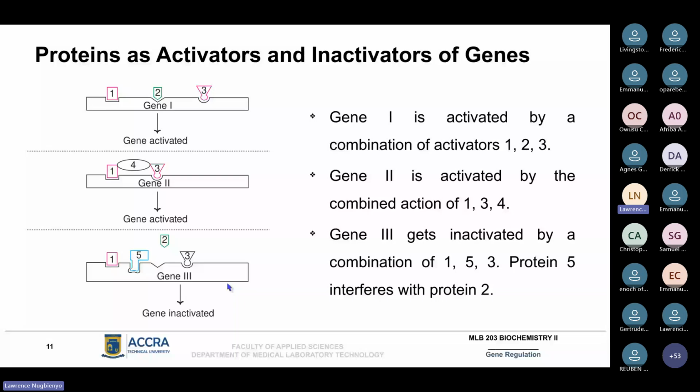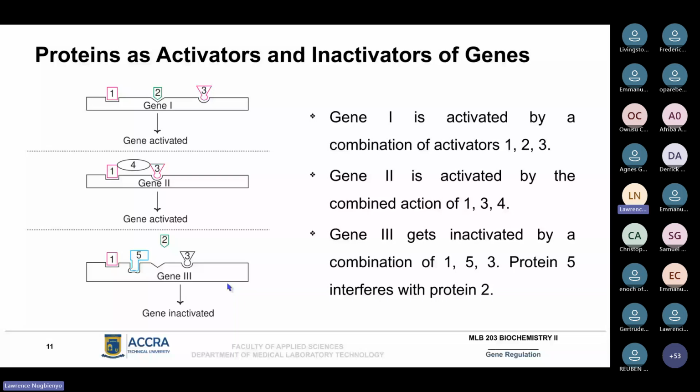All right, so that is a major mechanism of gene regulation in eukaryotes. The process of methylation is the process by which the gene is negatively regulated, and the process of acetylation is the process by which the gene is positively regulated.